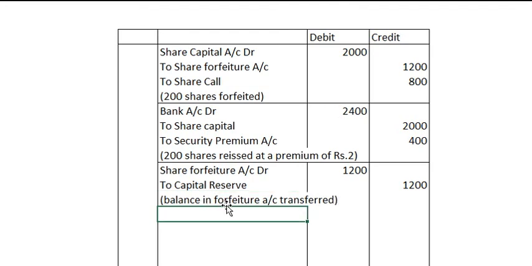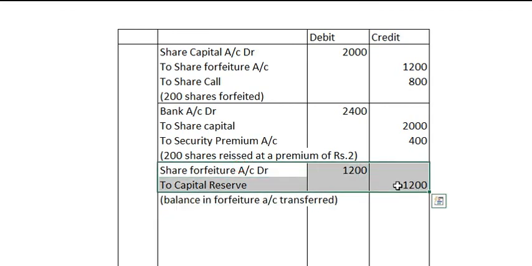So now we have completed the case. The shares have been reissued at a premium and the balance in the share forfeiture account has been transferred to capital reserve. Don't forget this entry of transferring the balance in forfeiture. Every time it will not be mentioned in the question, but you have to do it even if it is not mentioned. Whenever you complete a reissue, if there is any balance remaining in the forfeiture account, it should be transferred to the capital reserve account.